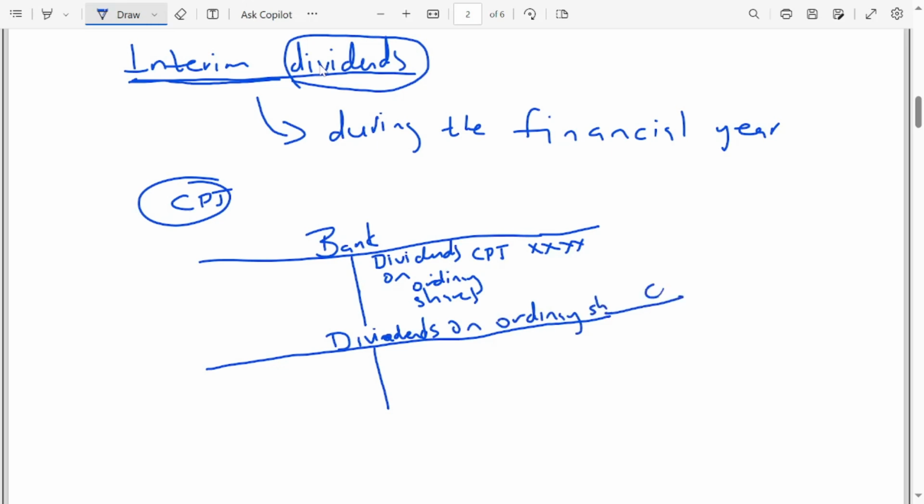If it's an expense, it is going to increase on the debit and decrease on the credit side. So it must be recorded like this. This is how we are going to treat your interim dividends. This is an expense account.